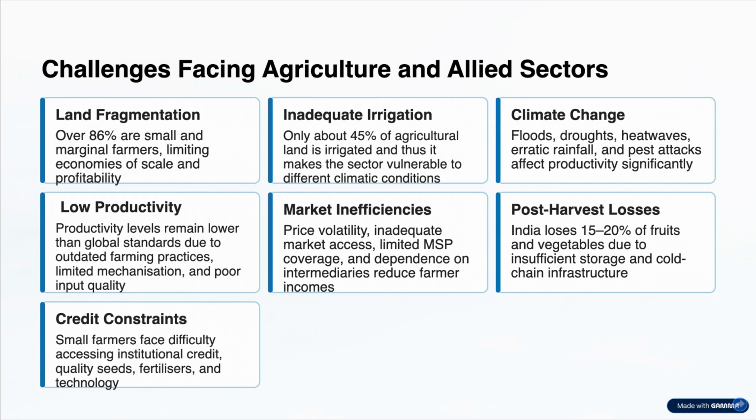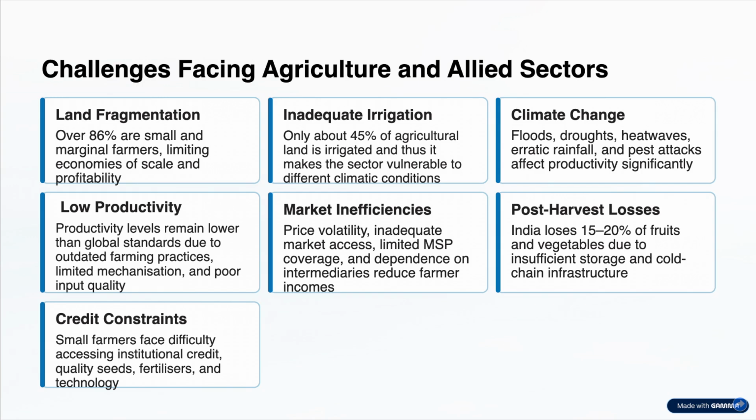Next is inadequate irrigation. Only about 45% of agricultural land is irrigated, which makes the sector vulnerable to climate variability. Another one is climate change, causing floods, drought, erratic rainfall, heat waves and pest attacks, and thus it affects the overall productivity.